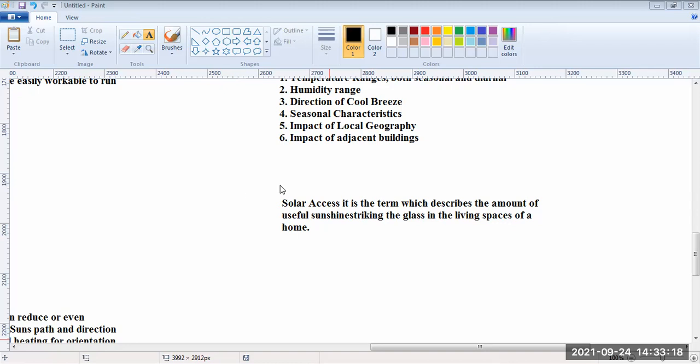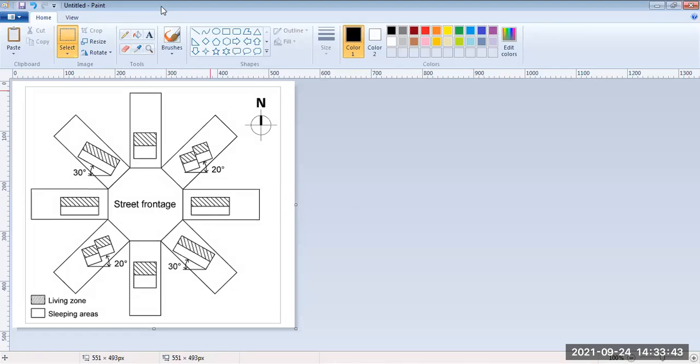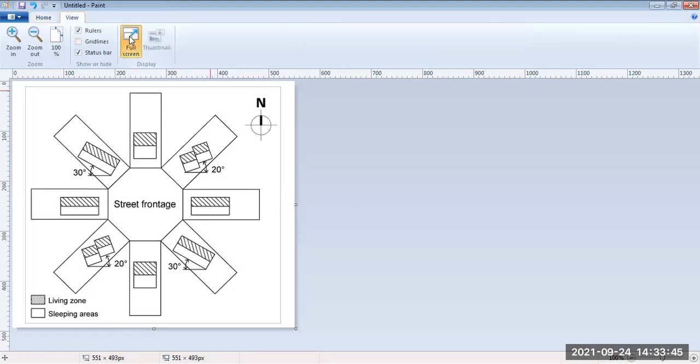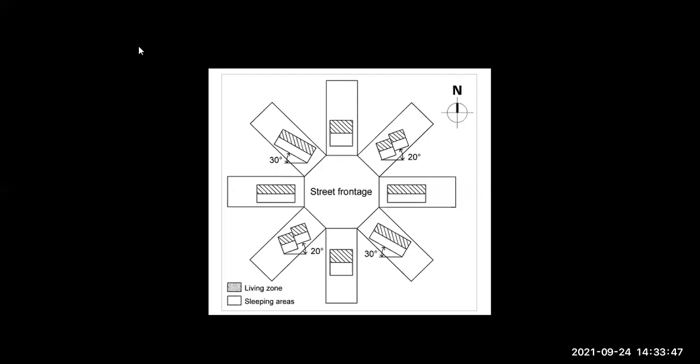Let me show you. So this is the figure. Now, what does this figure show you?